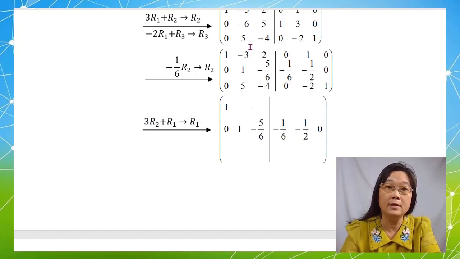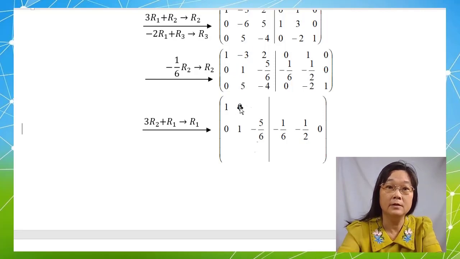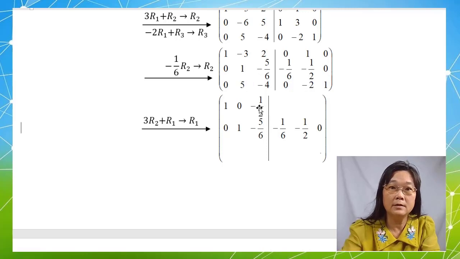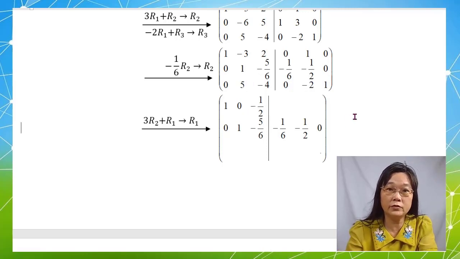So 3 add into negative 3. So we get 0. Now third number in row 2 is negative 5 over 6. When negative 5 over 6 times 3, it is negative 5 over 2. So negative 5 over 2 add in 2, then we will get negative 1 over 2.